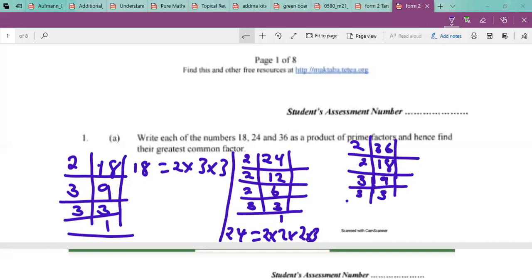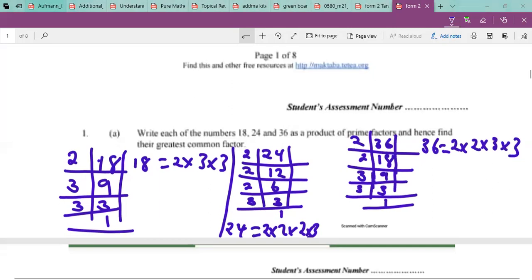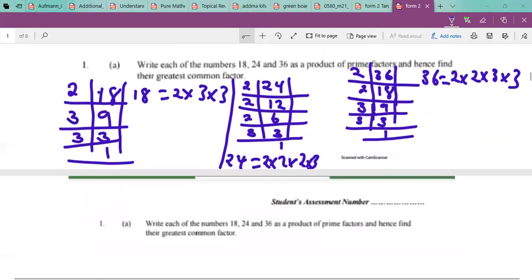You maintain the 3. 3 into 3 is 1. So you stop. As a product of prime factors, 36 can be written as 2 times 2 times 3 times 3. So that is how you can express those as a product of prime factors.